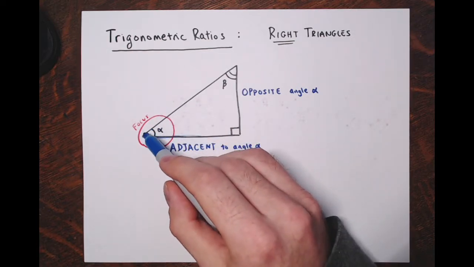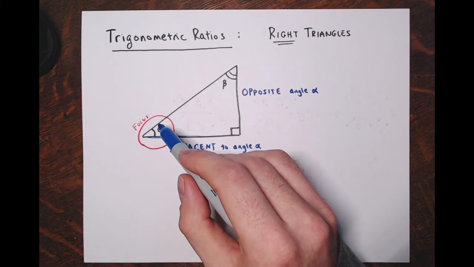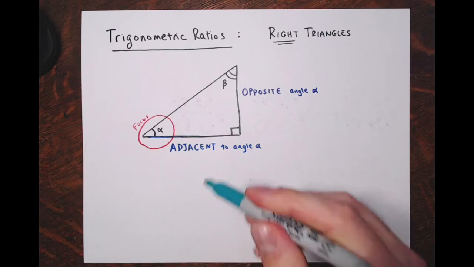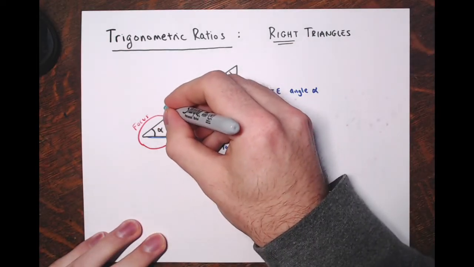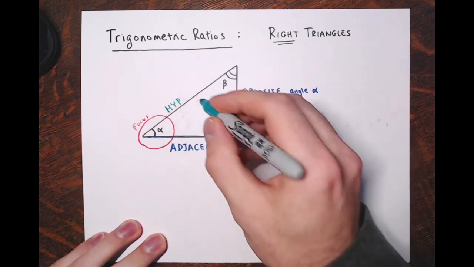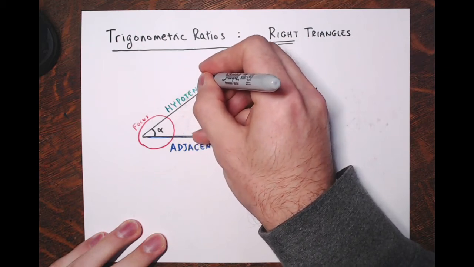Now this other side is also touching angle alpha, so it's also adjacent, but it's given a special name, and you may have heard this before. The side that's the largest side in a right triangle, the side opposite the 90-degree angle, is always given the name in a right triangle, the hypotenuse.